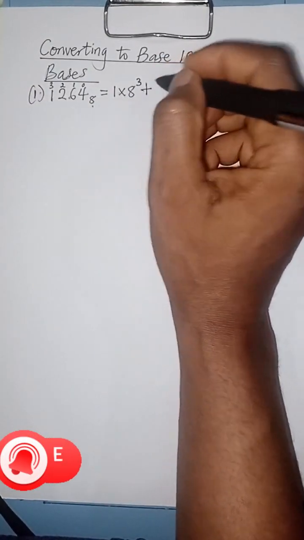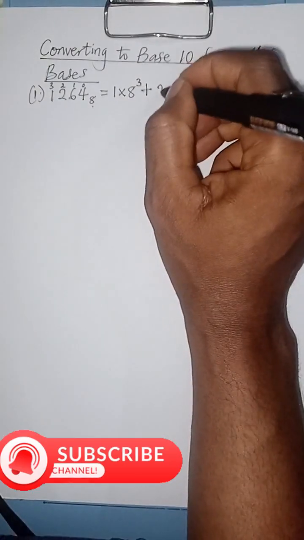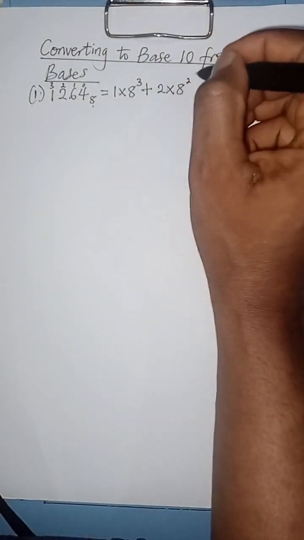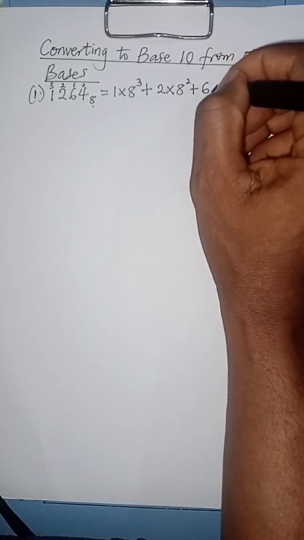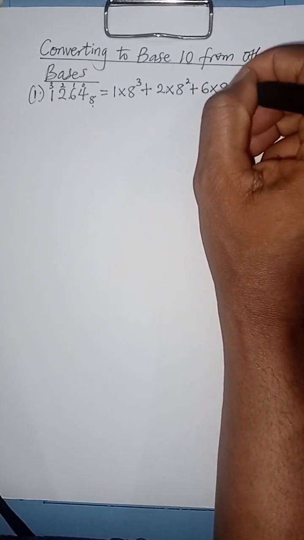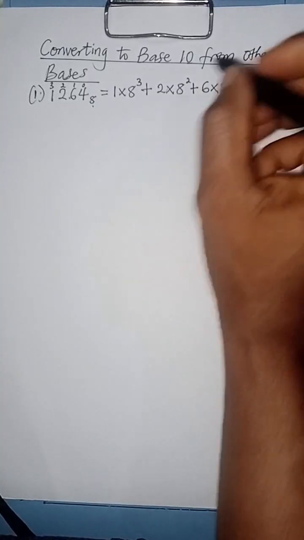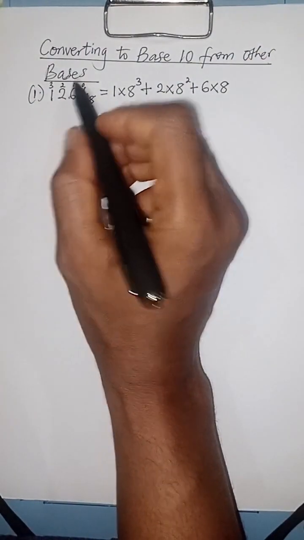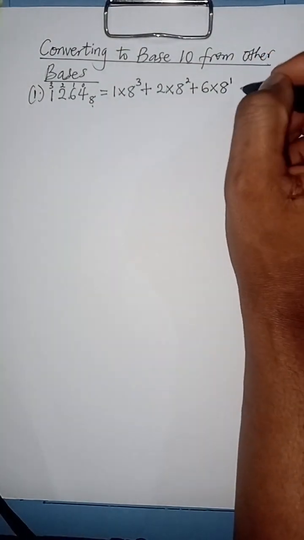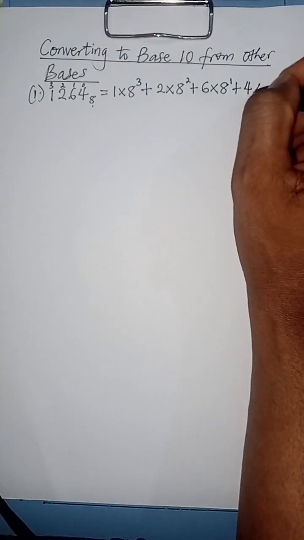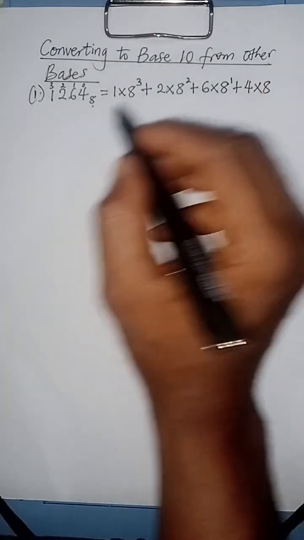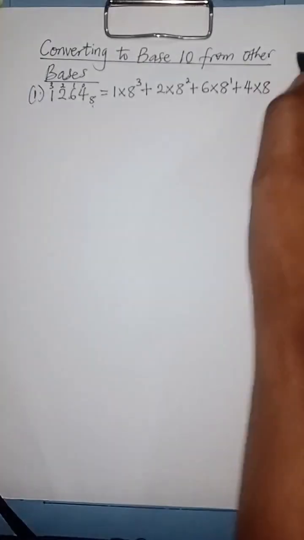Addition sign, plus, the next digit is 2, multiply the base, raise to the power of 2, plus, the next digit is 6, multiply by the base, then raise to the power of 1. And 4, multiply the base, raise to the power 0.